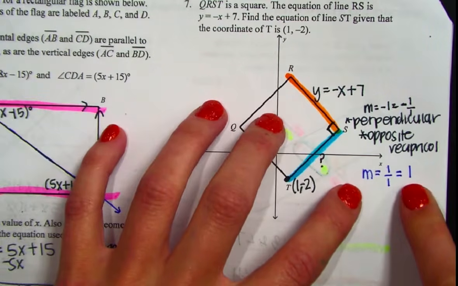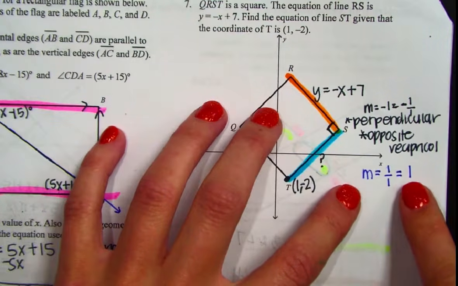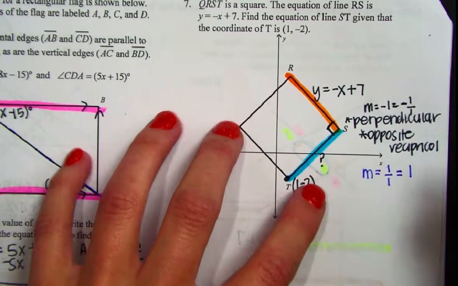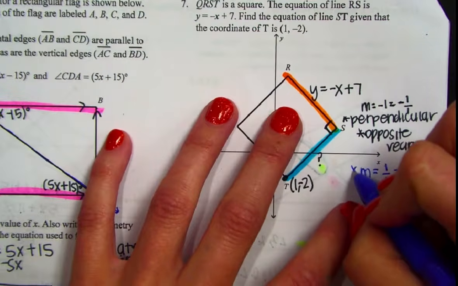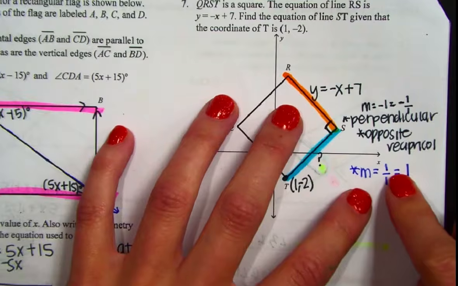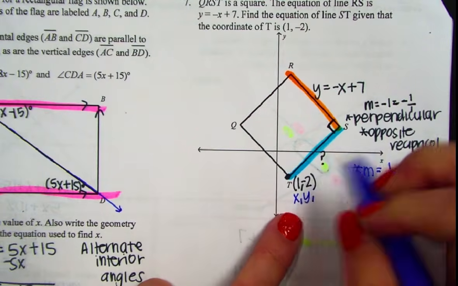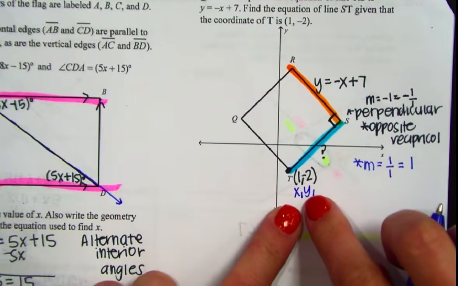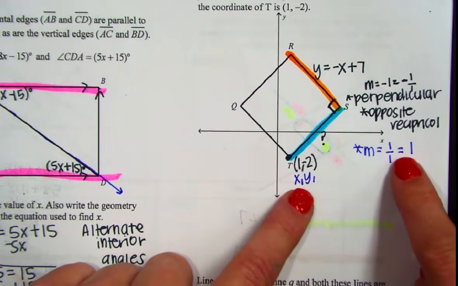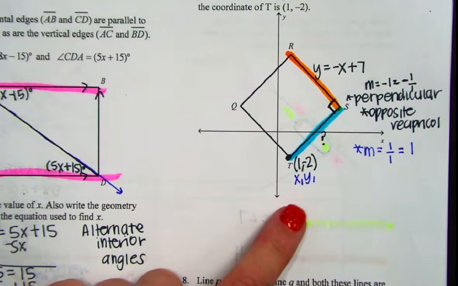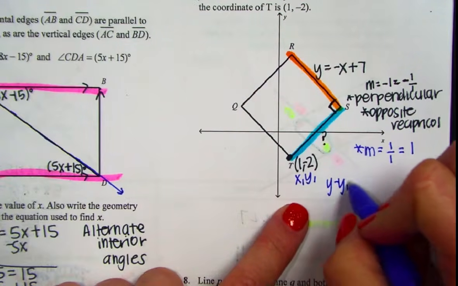So my slope that I'm going to use is +1 for my equation right here. So I'll use m is equal to 1, and then I'm going to use my ordered pair, x1, y1, because this line is passing through this point.